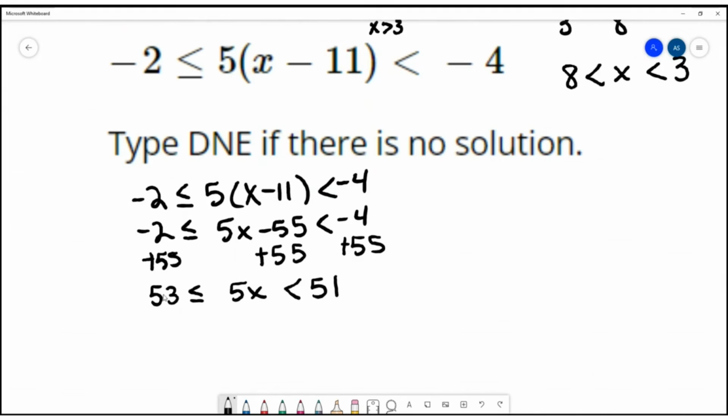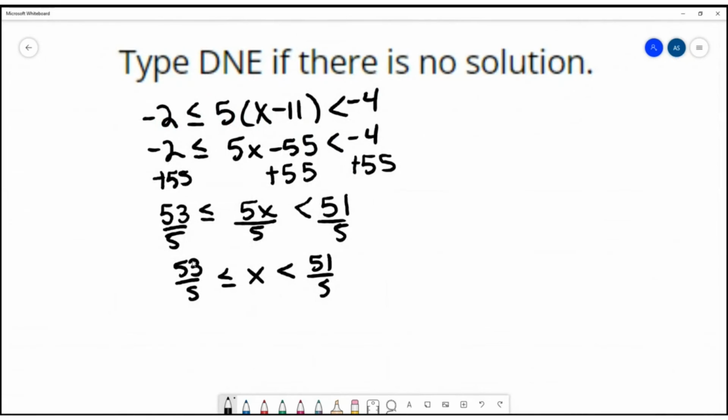And so once again, look at these numbers on the ends. 53 is less than 5x, which is less than 51. That doesn't make sense. 53 is not less than 51. If we keep going, we divide by 5, and we get 53 over 5 is less than or equal to x is less than 51 over 5.